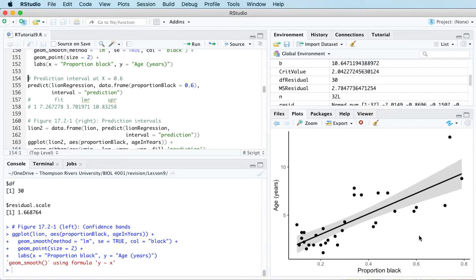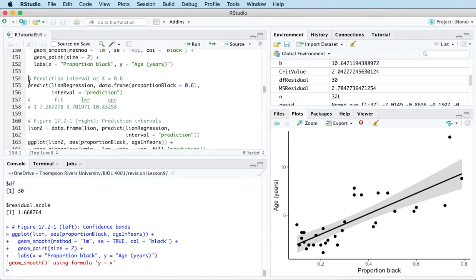So we can't have all the older lions balance out the younger lions and be able to narrow down our mean to quite a narrow range. We're just talking one lion here, and it's possible it could be a really old lion, it's possible it could be a really young lion. So when we put a prediction interval around this prediction for an individual, then the uncertainty is a lot bigger than it was when we were trying to do a confidence band for a mean.